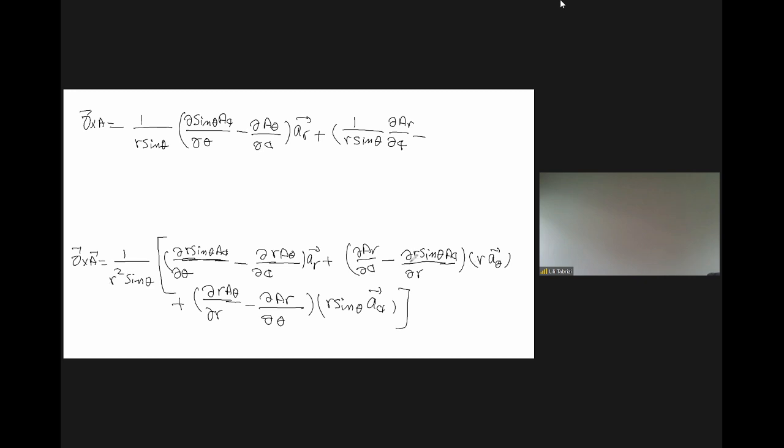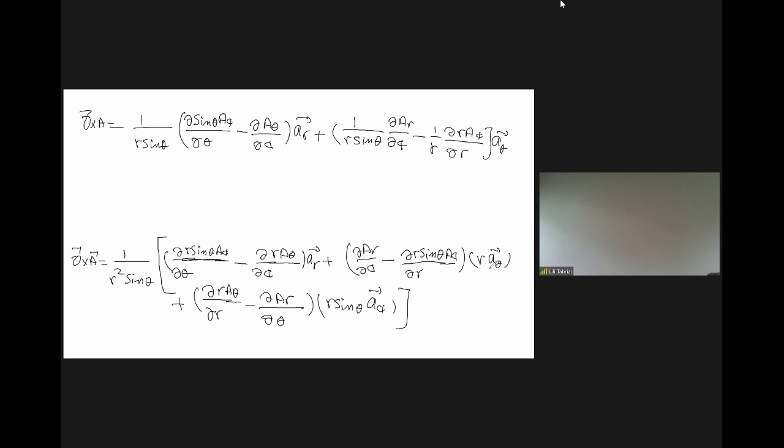I cannot move this r out because it's d/dr, but I can cancel sine theta, so sine theta cancels 1 sine theta, so it's 1 over r d/dr of r A_phi.